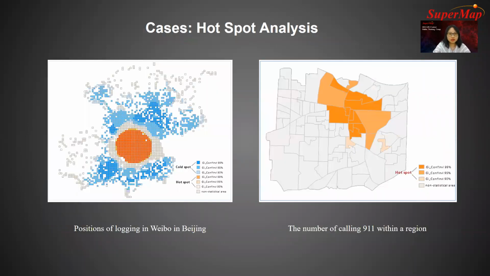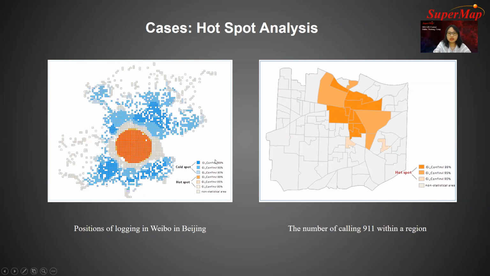And here I list two cases of hotspot analysis. The first one is the statistic map of positions of logging in web in Beijing. Here we can see the hotspot is almost in the center of Beijing, and the cold spot is around Beijing.